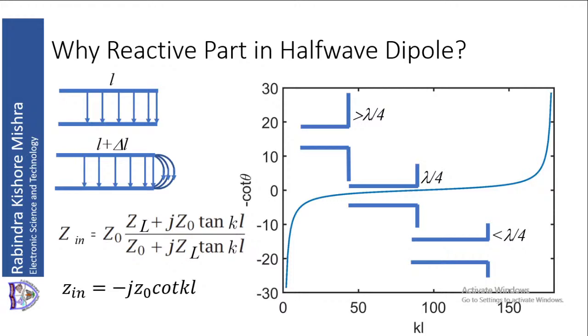Once you get that L value, then you design your physical antenna. This is the design consideration for a practical half-wave dipole antenna.